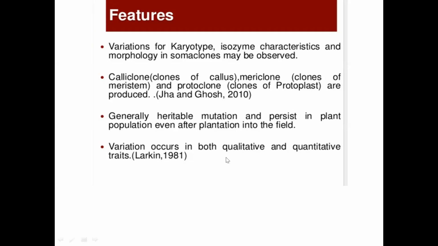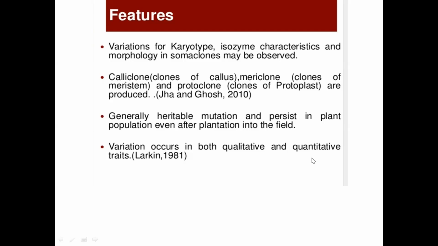So in variation, you have both qualitative as well as quantitative variation. That means you can see the different structural aspects as well as the quantitative yield aspect. Qualitative means the nature of the gene, the variations in the genetic segment of the DNA.